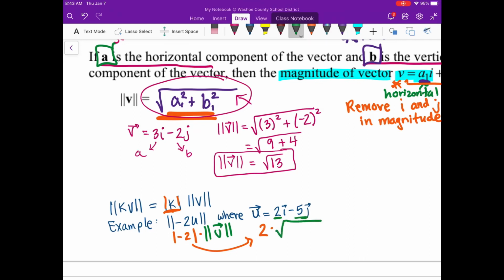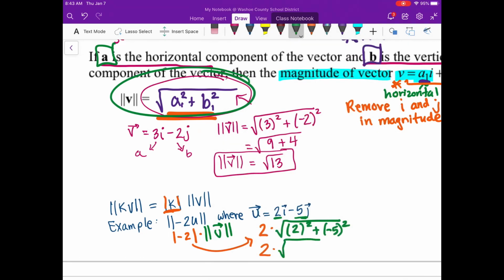And then I'm going to multiply it by the magnitude of my vector u. So looking at this vector, I know that I'm using the magnitude formula again, going way up here. The magnitude formula is going to be taking a, which in this case is 2, squaring it, and adding it to b, which in this case is negative 5, and squaring it.